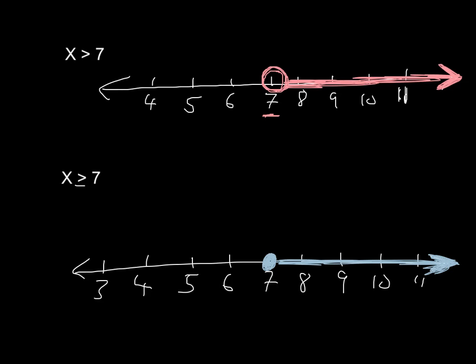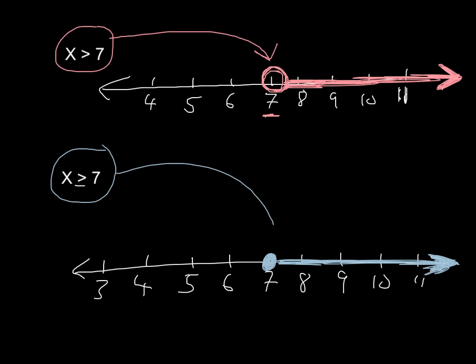So if I have x is greater than 7, then I have an open circle because it does not touch 7. If I have x is greater than or equal to 7, then I have a closed dot because it does include 7.